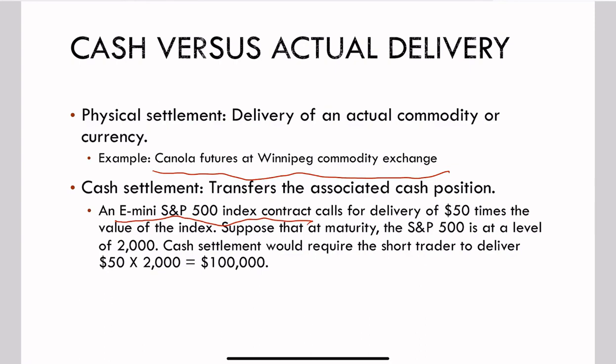So suppose at maturity, the SP500 is at a level of 2000. Then if this futures contract uses cash settlement, it means that the short trader will have to deliver 50 times 2000, right? A total of 100,000 to the trader in the long position.